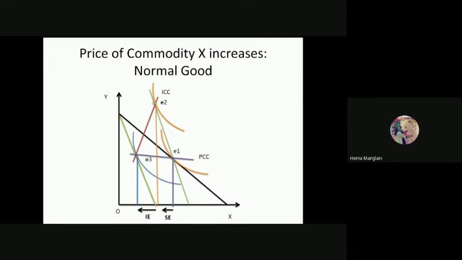So from E1 to E2, it means the consumer is moving in this direction. Okay, this shows that the consumer would like to substitute commodity X for commodity Y, because relatively commodity Y is now less expensive, so X would now be substituted for commodity Y. And here, by doing this, the consumer is reaching a higher level of utility.